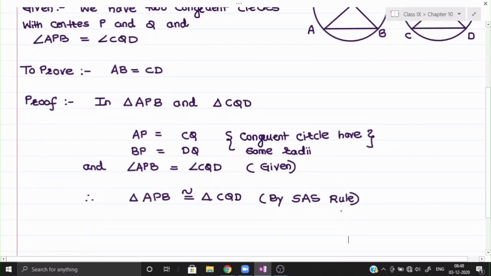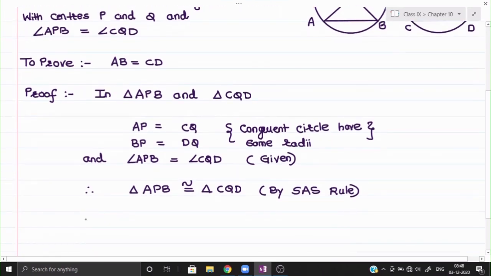If these two triangles are congruent, the corresponding parts are AB and CD. So AB and CD are equal with the help of CPCT. This was only required to be proved in the question, and this completes exercise 10.2 also.